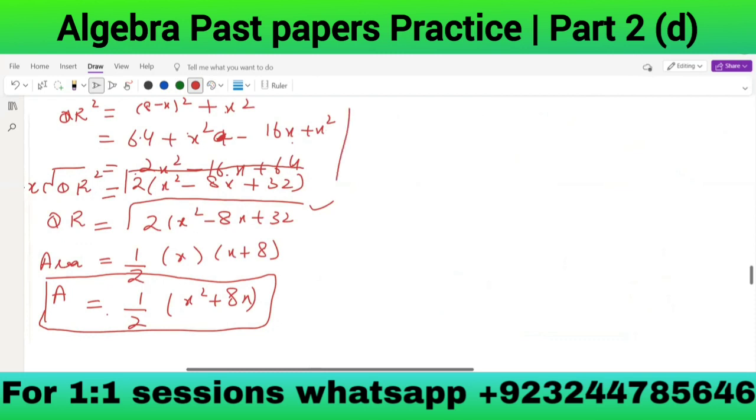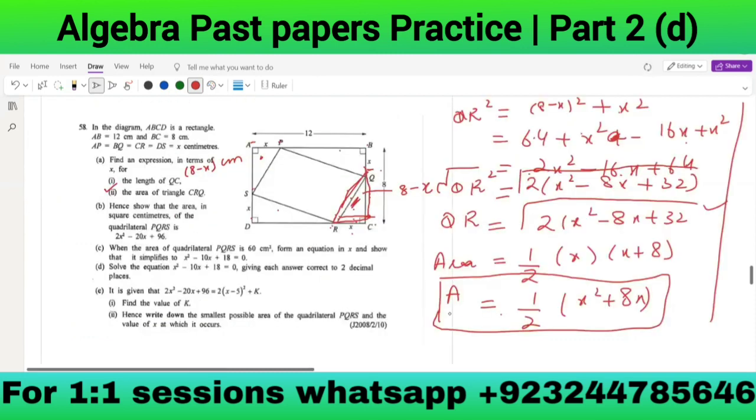Okay. So now we have calculated the area of the triangle QCR. We can write it over here. Now we are going to calculate the area of the triangle QBP, this one. So I can write it over here, half x into 12 minus x, right?